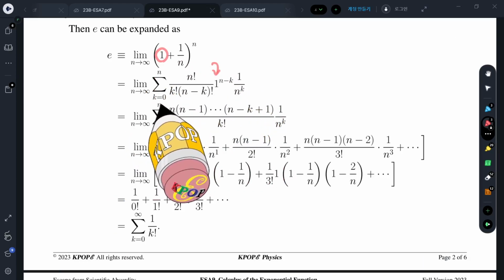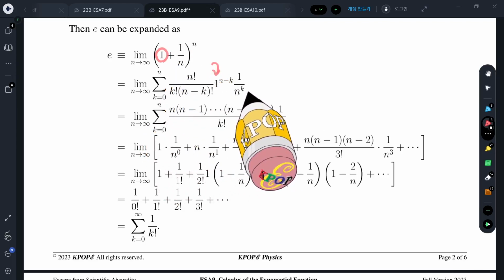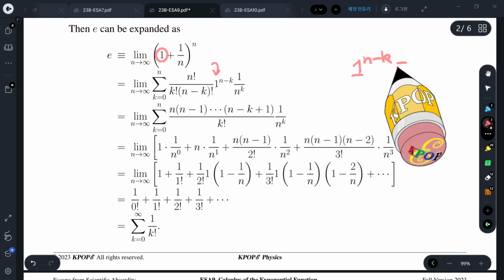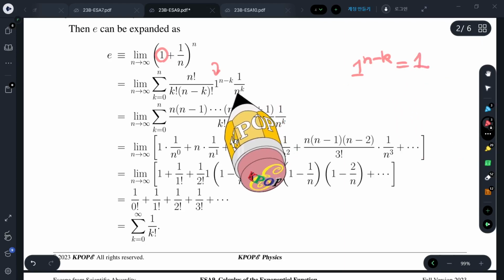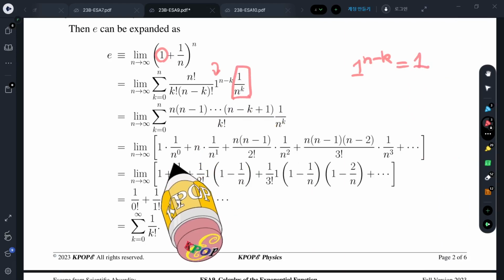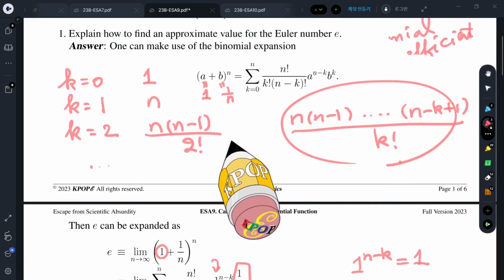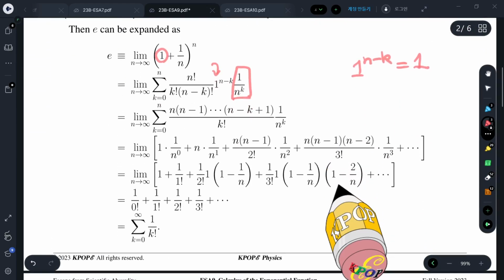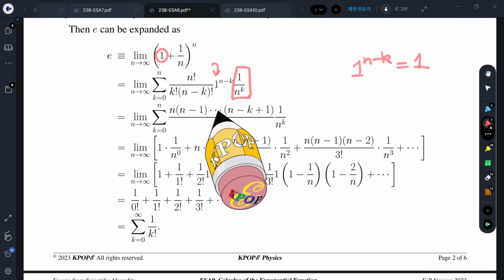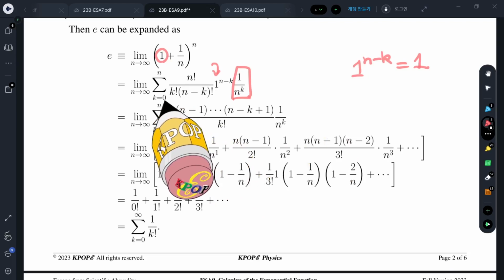We choose the power of b to be k for simplicity, and the power of a, n minus k, is always 1, so only b contributes. And for the general binomial coefficients, we have the factors n times n minus 1 through n minus k plus 1, divided by k factorial.